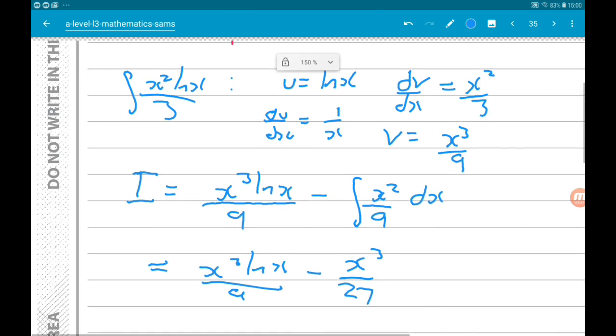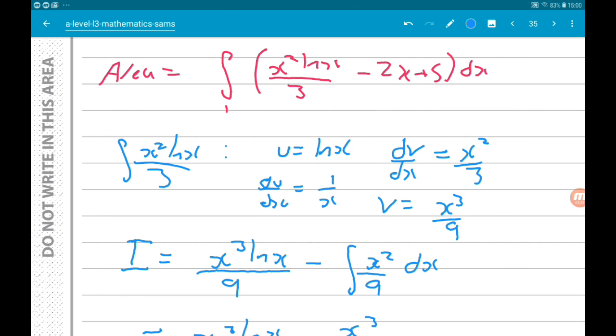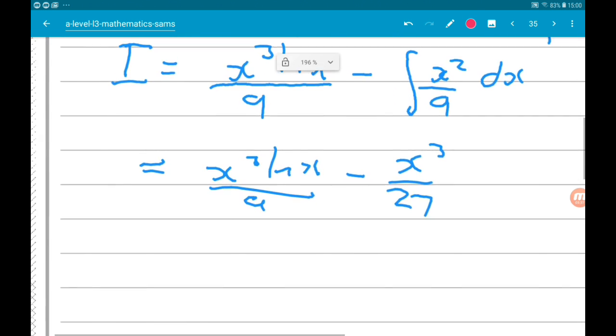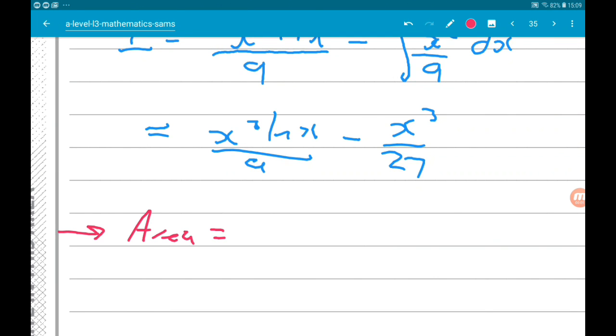So, we can now say then that the area is, so now we're going to integrate everything. So we've got what we've just done.